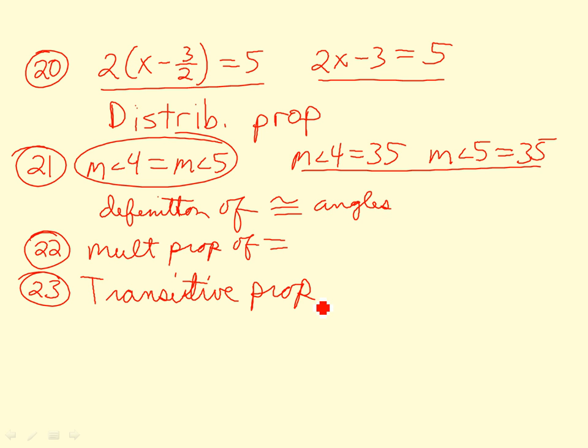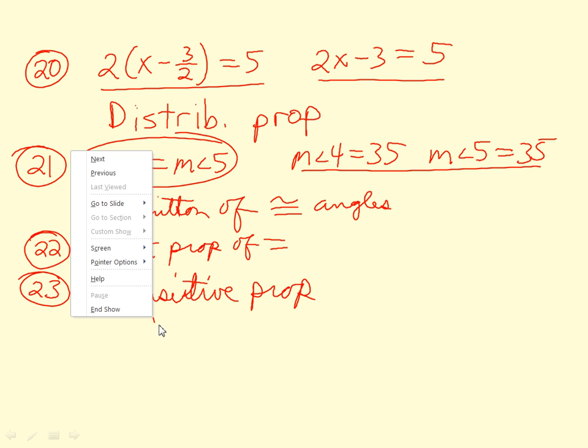Which problem was next? 24? Make sure you're writing this one down in your notes. Those I didn't care a whole lot about. These, the 2-column proofs, I want you to have a couple of these examples down in your notes.